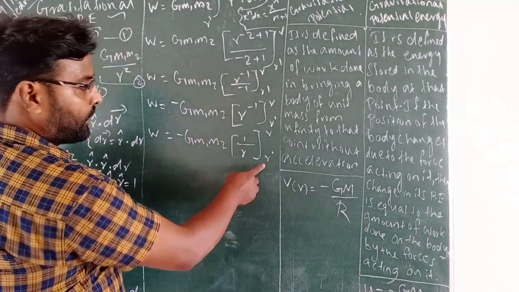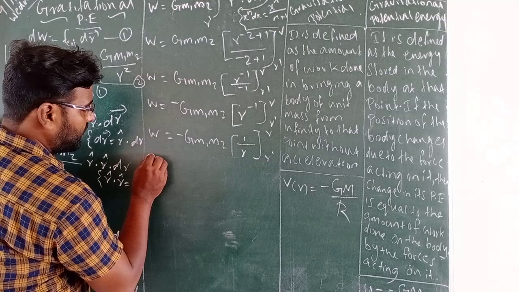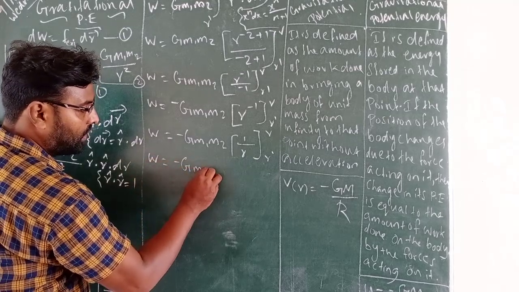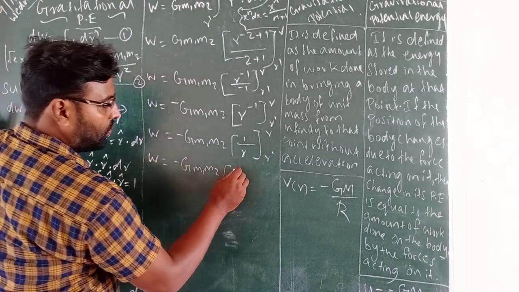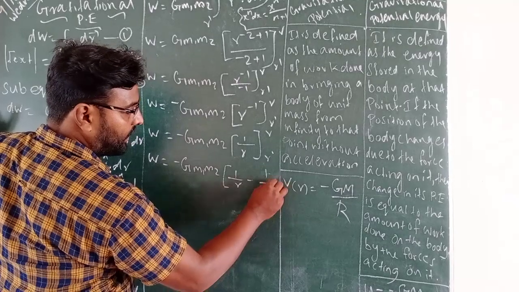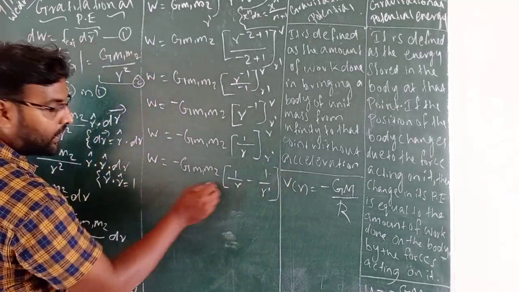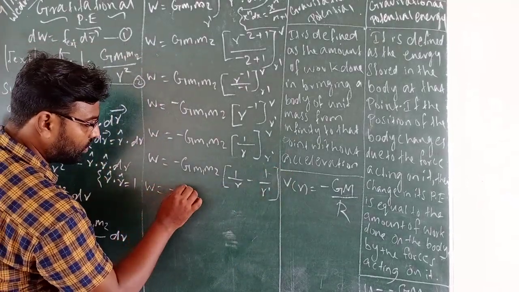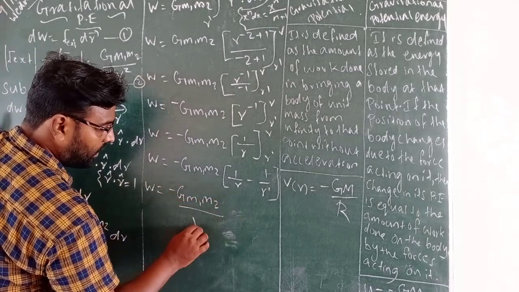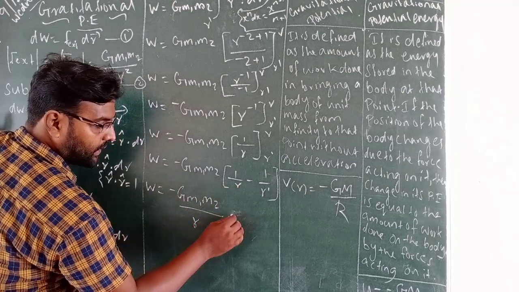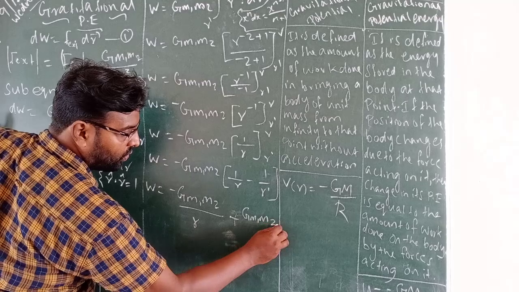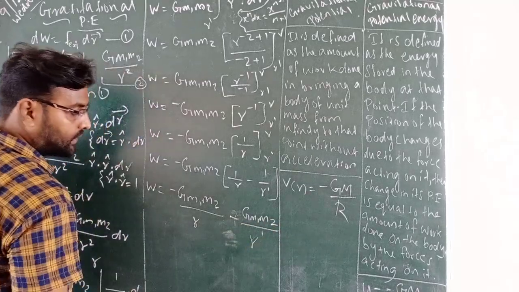Now we can apply the upper limit and lower limit. So W is equal to minus G M1 M2 times 1 by R upper limit minus 1 by R dash. Now multiply this. So W is equal to minus G M1 M2 by R, minus into minus plus G M1 M2 by R dash.